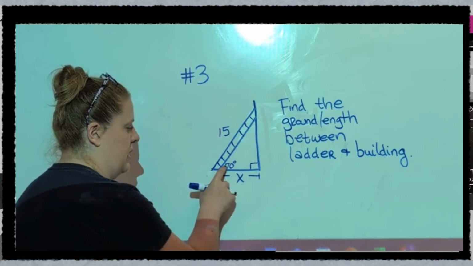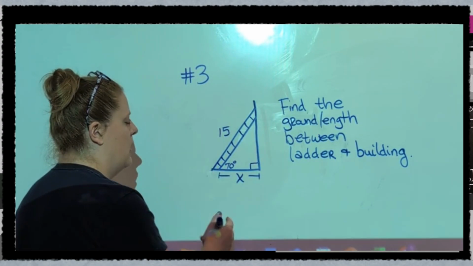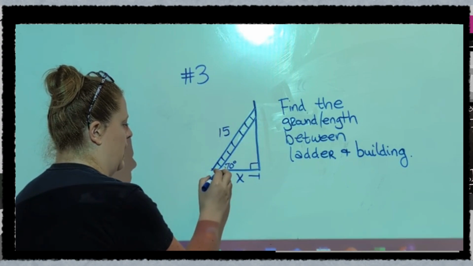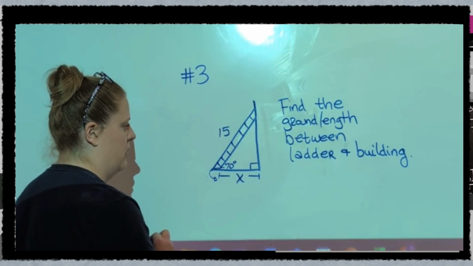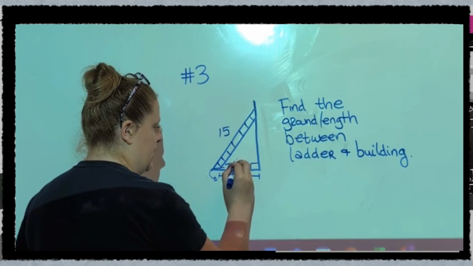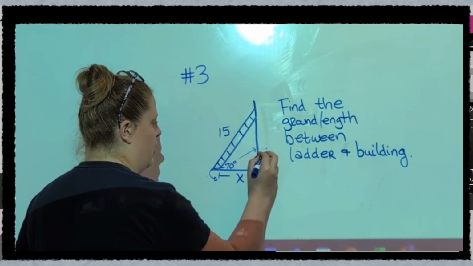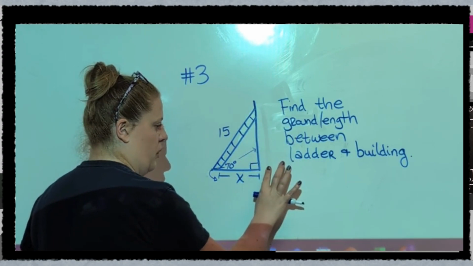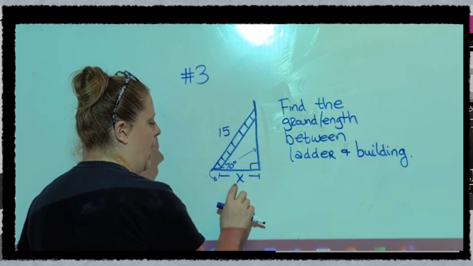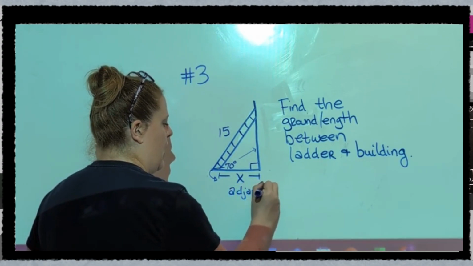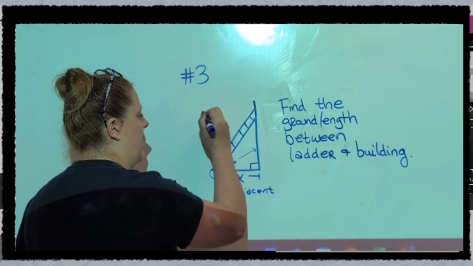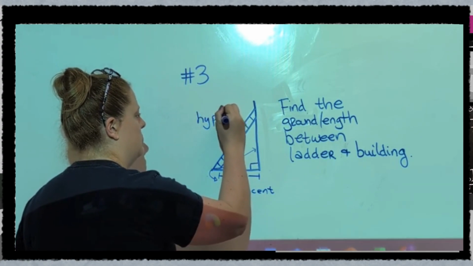We have the 70. We know it's a right angle. If I look at this angle, what's adjacent to it is right here. What's opposite would be over here, which is what you're looking for. But I'm looking for my adjacent, and I have my hypotenuse, so do you.